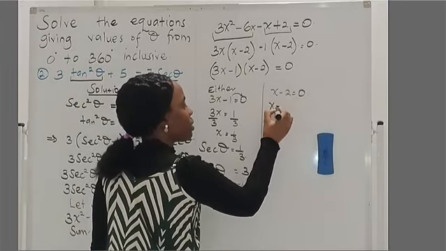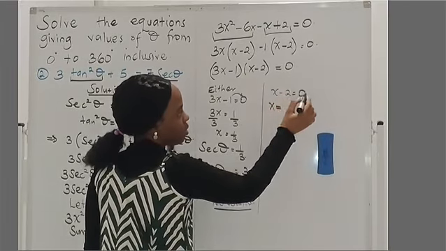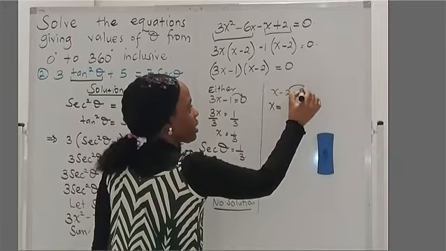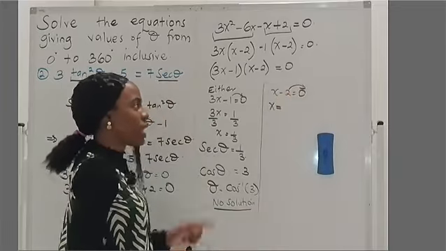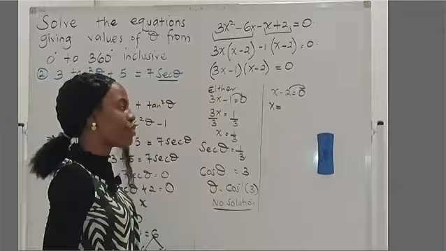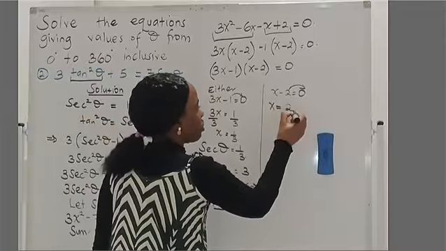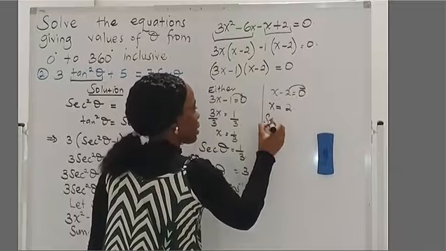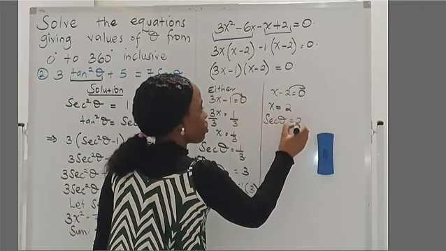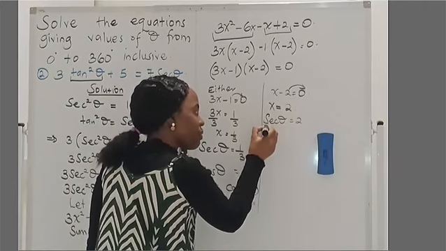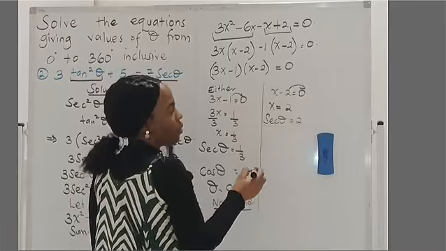x minus 2 is equal to 0. So if I take 2 to the other side, it is going to change its sign to a positive. So x is equal to 2. So this is sec theta is equal to 2. Now we need to get the reciprocal of this and the reciprocal of that.